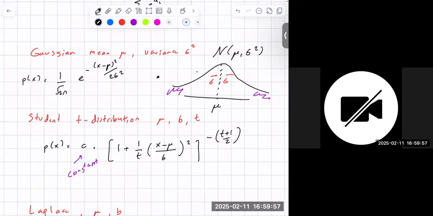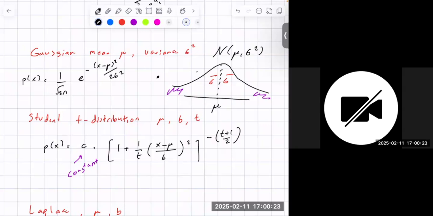The company did not allow him to write with his name so that they would not lose their competitive advantage to other breweries in Ireland and whatnot. So he invented this distribution. It is a kind of smooth distribution, but the tails are not this thin. It has a bit heavier tails. So when you have only a few data points, like this person had, and you're trying to fit it, an outlier doesn't kill the entire enterprise.